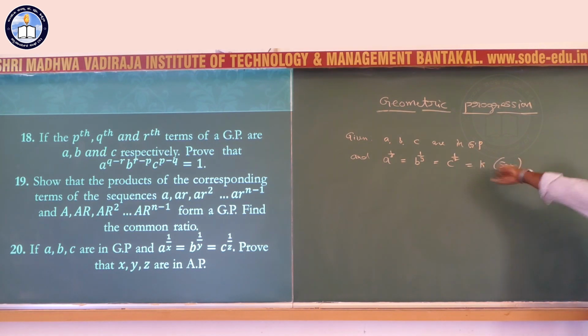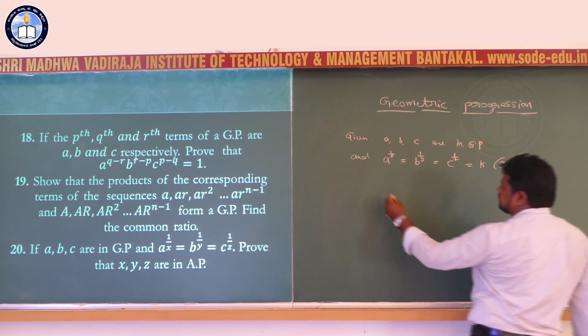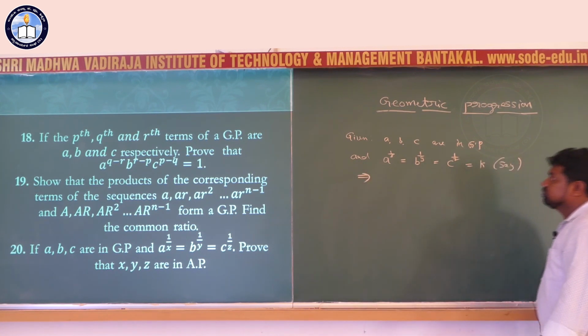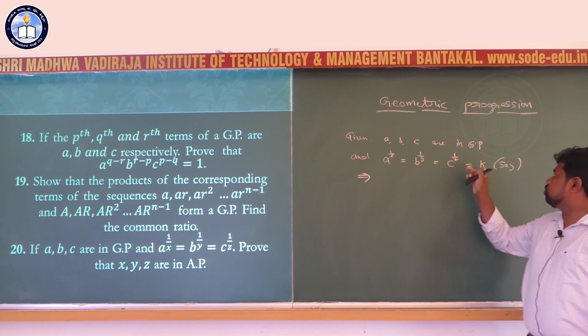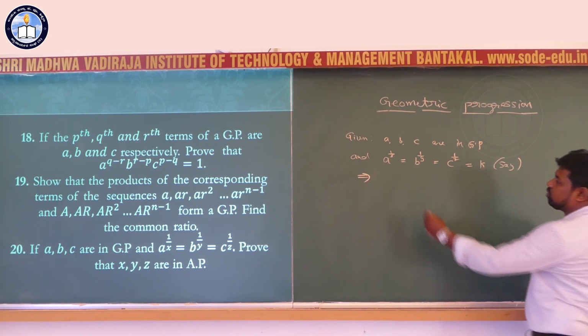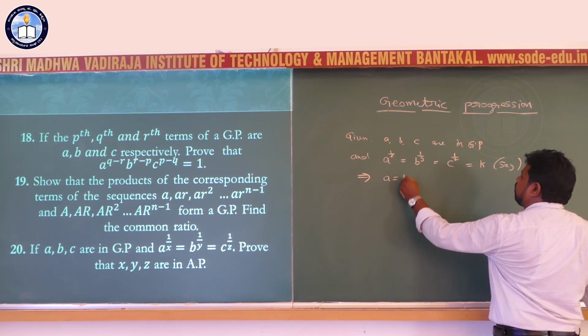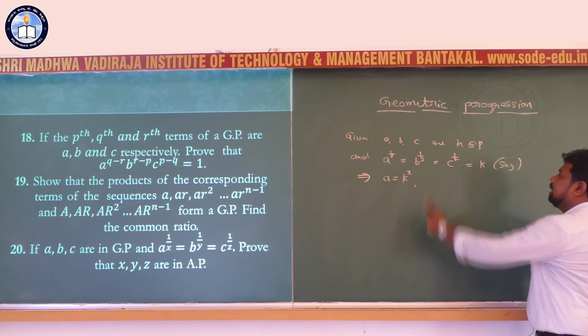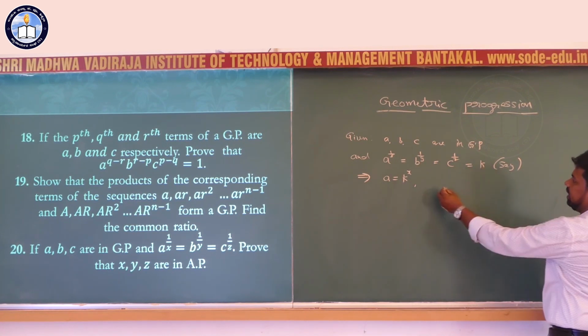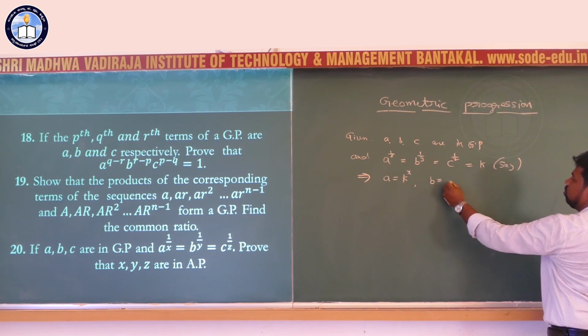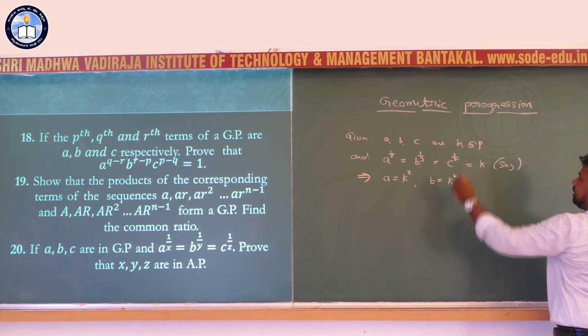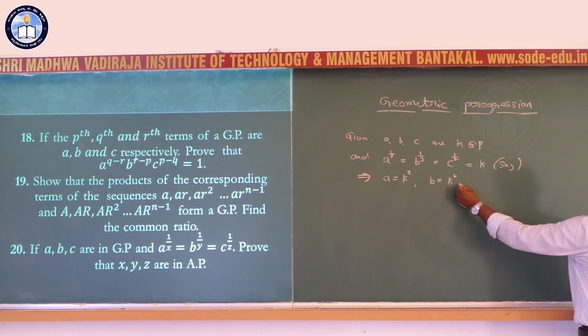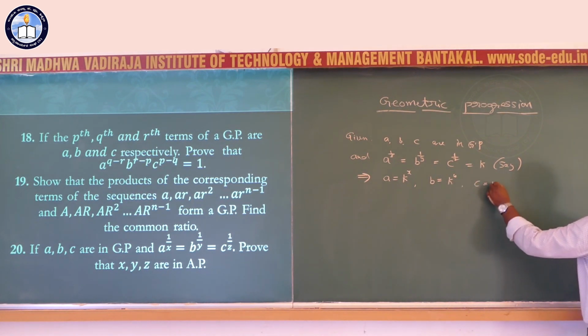Then A power 1 by x equals k, therefore A equals k power x. Similarly, B power 1 by y equals k, therefore B equals k power y, and C equals k power z.